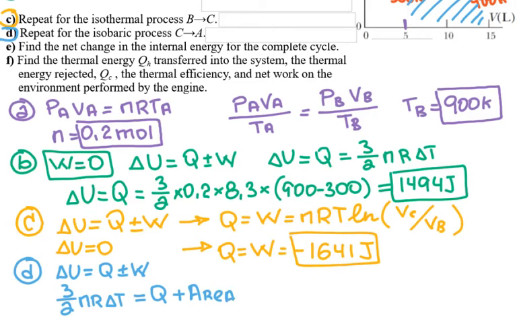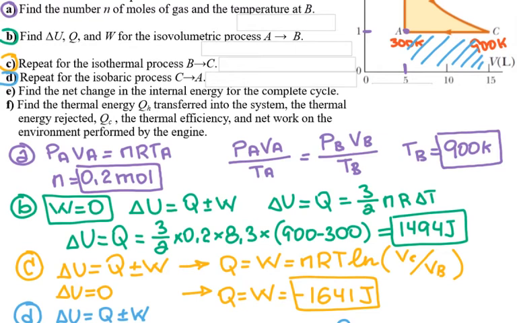And now if I plug in all my numbers, I have 3/2 nR delta T. So T goes from 900 to 300, so it's final minus initial, it's negative 600. So 3/2 nRT will give me negative 1494 joules of energy. And then I have Q, and if I do the area underneath the graph, the width is 10 to the negative 3, and the height is 1 times 10 to the 5th.